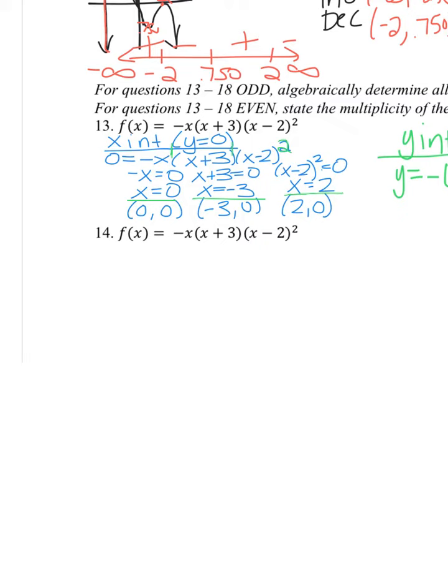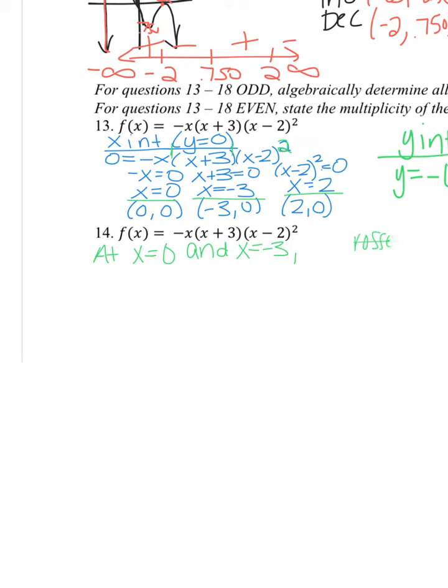So I do need to write 2 sentences. So let's do the odd first. So we'll start with at x equals 0 and x equals -3. We'll combine them. F of x crosses, oh, I'm sorry. What am I doing? Haven't even said the multiplicity yet.